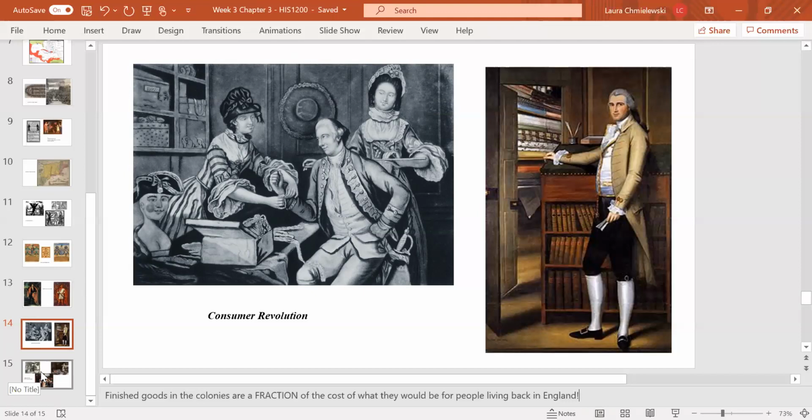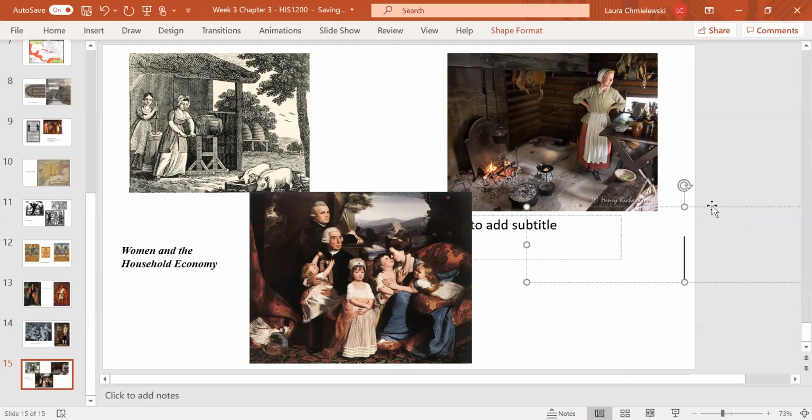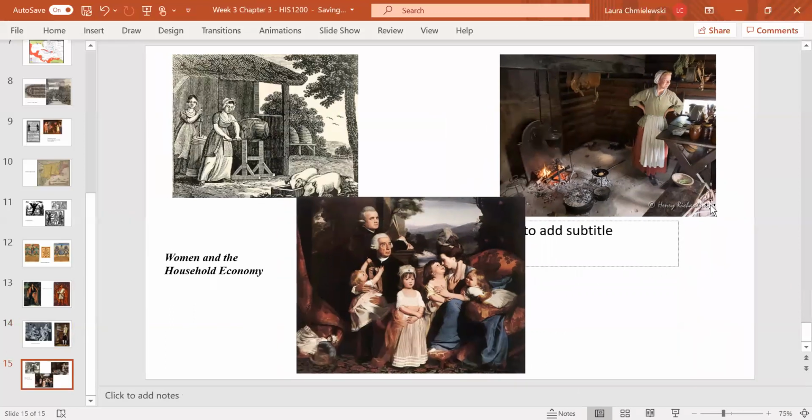One more topic I want to talk about before this lecture is over, and that is the state of women in the household. I think when I was a kid growing up during the American bicentennial, I thought that all colonial people were dainty and pretty and clean and European.